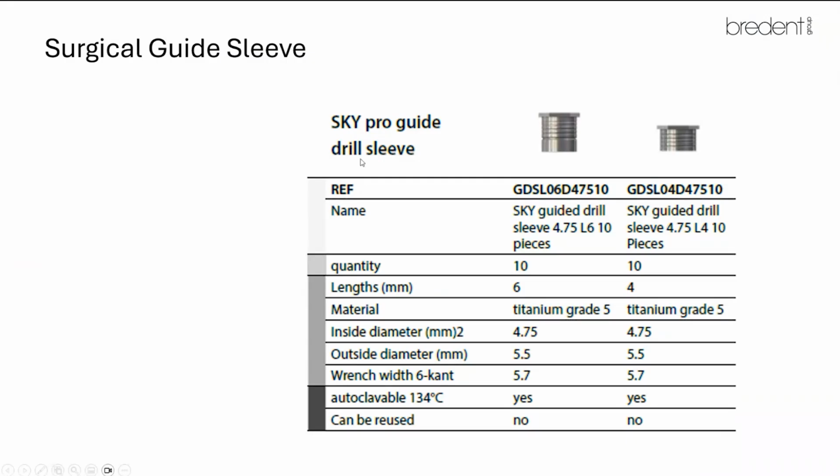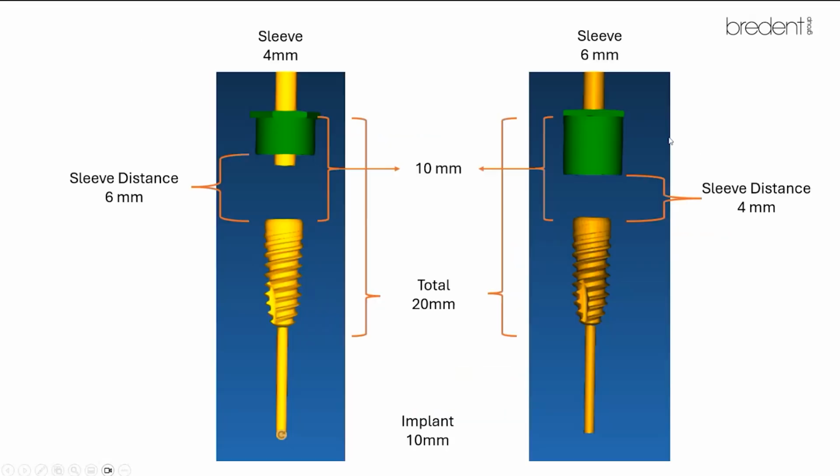So we have two different variations of sleeve. This is 6 and this is 4. Now, what I was saying was, if you have a 4 mm sleeve and this is a 6 mm sleeve, we have implants of both 10 mm. So the total length remains 20 mm, but the gap between them is reduced for 6 mm. So this gap remains 4 mm, and for 4 mm, this remains 6 mm.